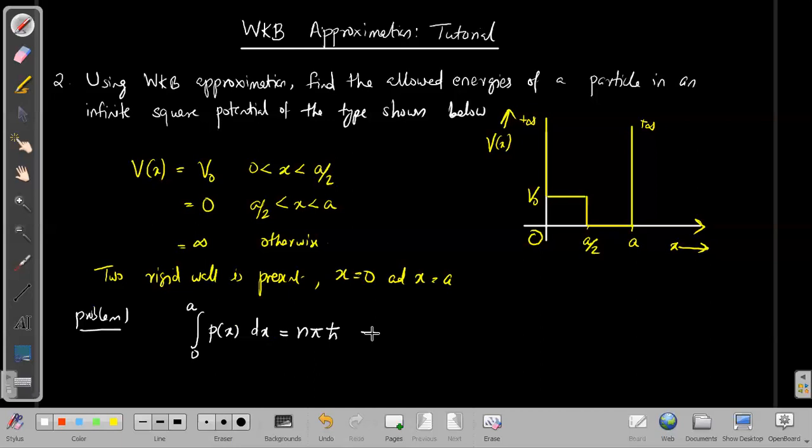Here I can divide this integral into two parts: the integral from 0 to a/2 of p(x) dx plus the integral from a/2 to a of p(x) dx gives n pi h cross.